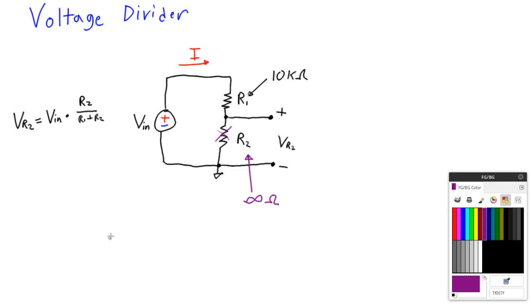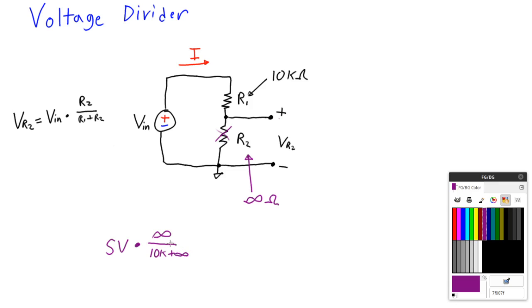So we've got 5 volts times R2, which is infinity, over R1, which is 10K, plus infinity.